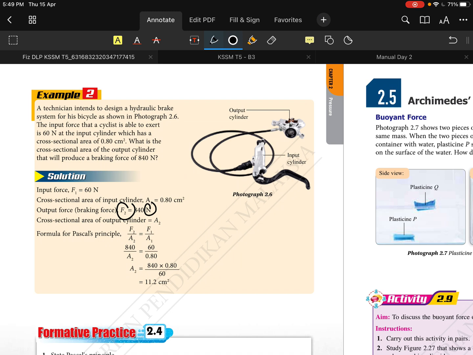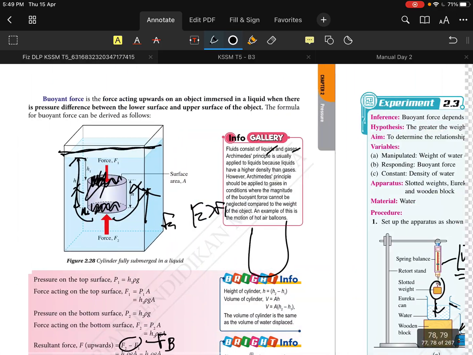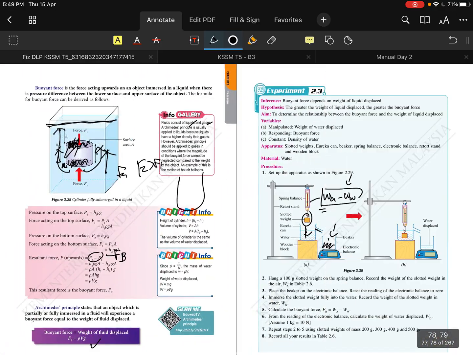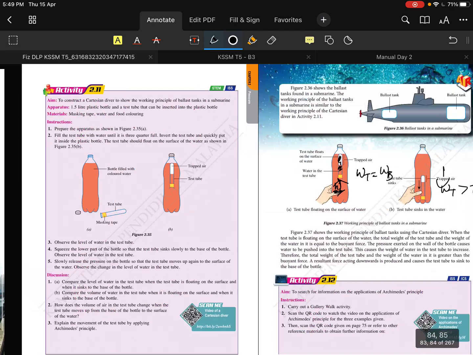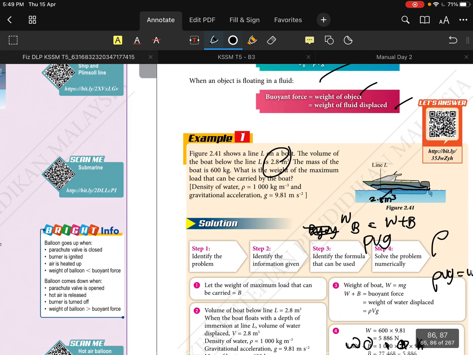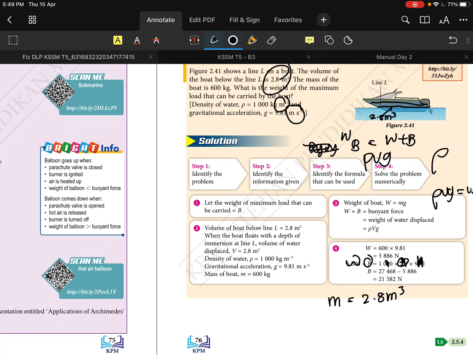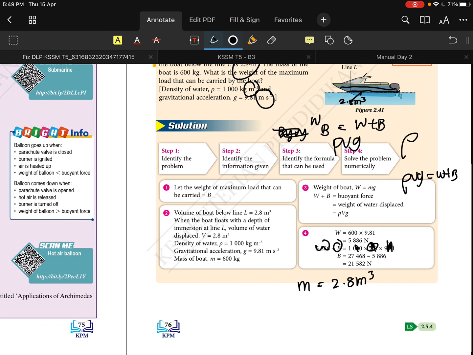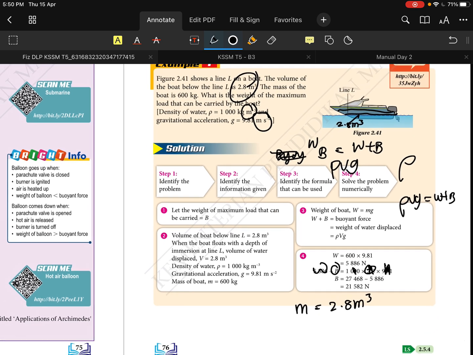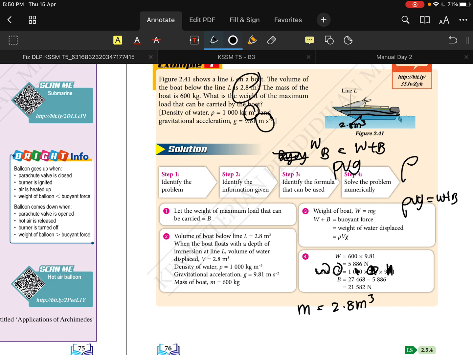But if you want to find Pascal, you have to convert everything into the proper SI units to get the actual value. In this case, they give you everything in meters: 1000 kg per meter cube, meter square, meter per second square. So they're all in meter already, so you don't have to do anything.